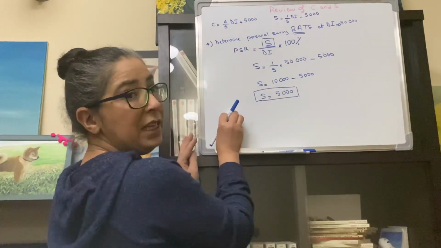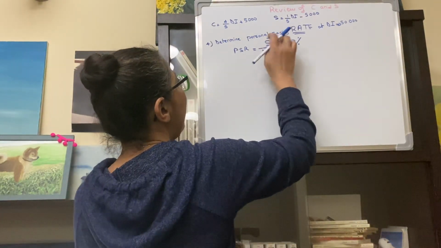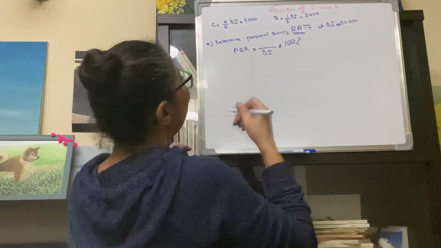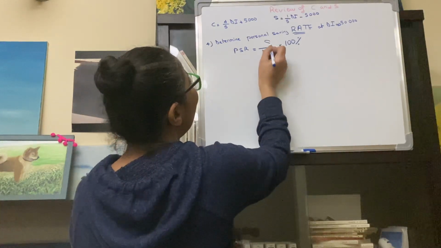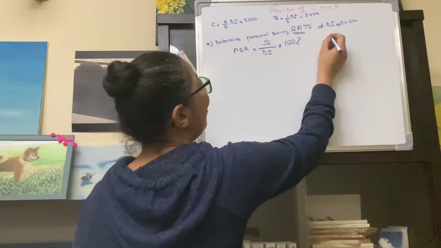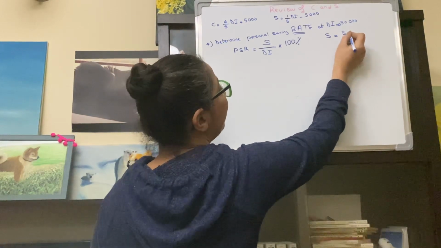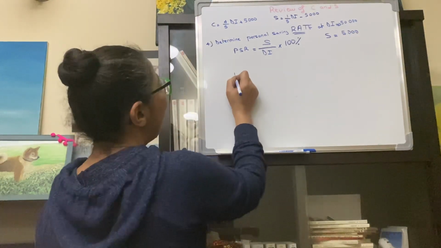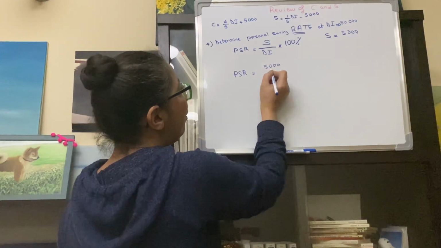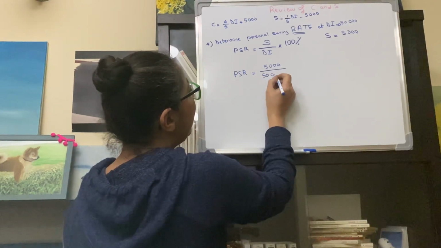So I'm gonna delete this. I found my saving. Nothing changes. Okay, here's my saving over DI times 100%. And I know that my saving now is equal to, how much did I find? 5,000. So personal saving rate will be equal to 5,000 that I just calculated over the DI that was given to me, which is 50,000.